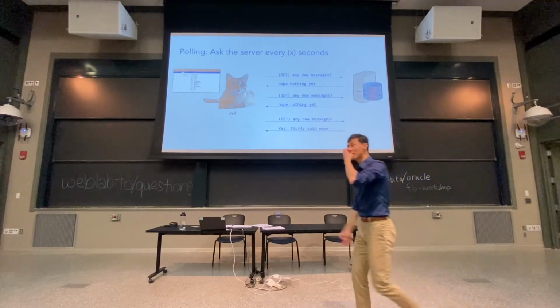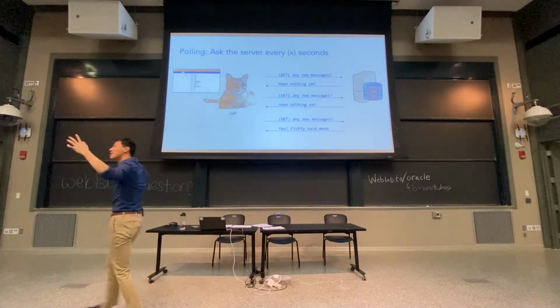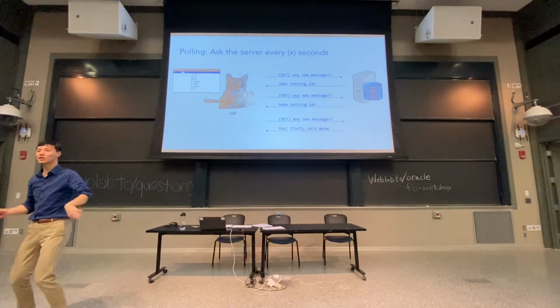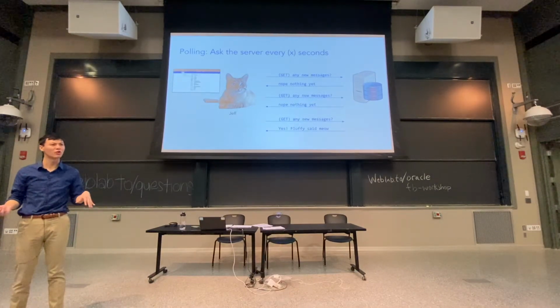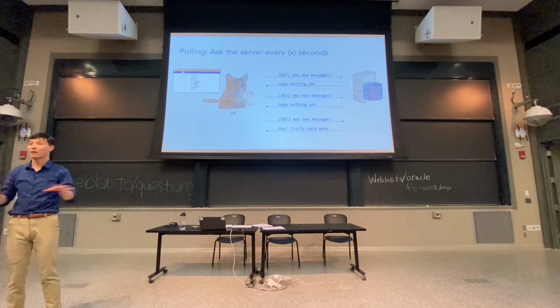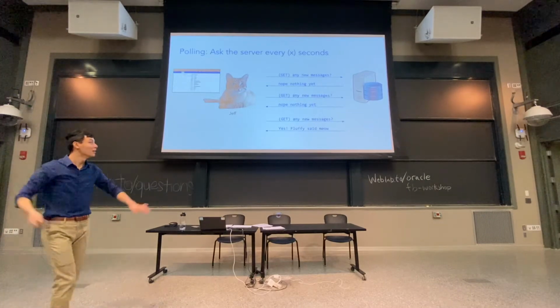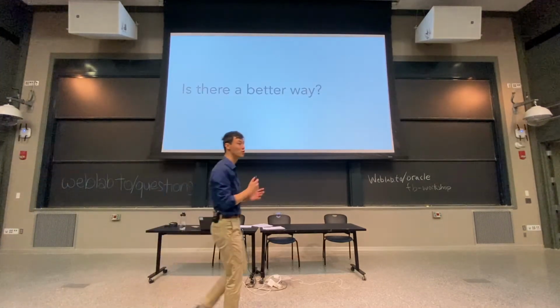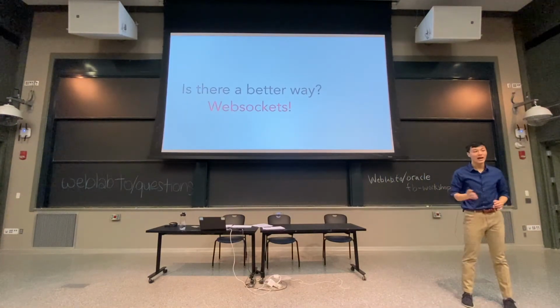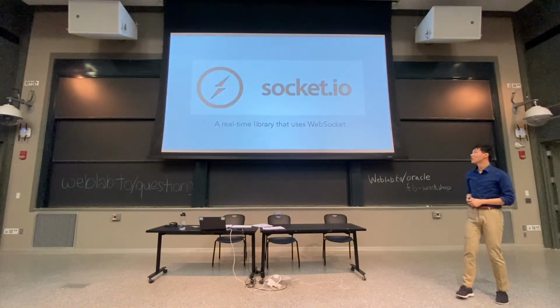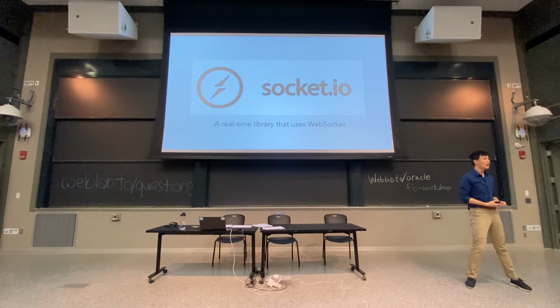So this requires Jeff to constantly ping the server every couple seconds. You see how that's kind of wasteful and clunky? So we don't want to do that. Instead, we want to pursue a better way, and there is one. It's called WebSockets, and we're going to use a library called Socket.io that's going to help us do this.